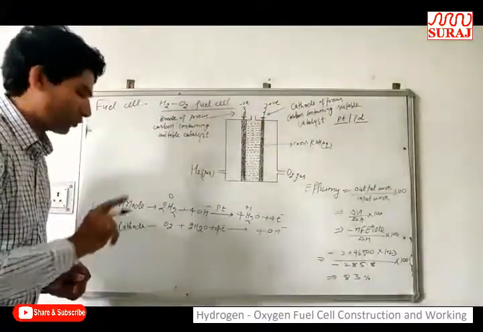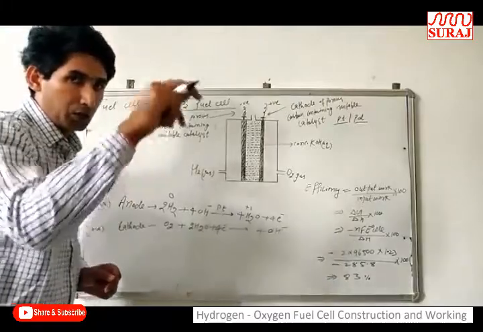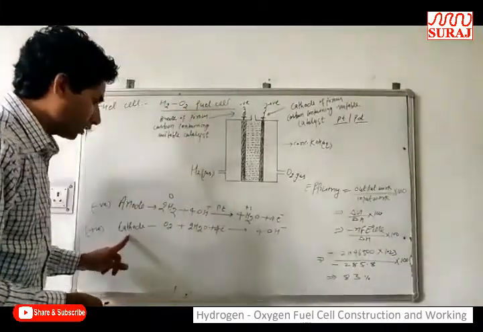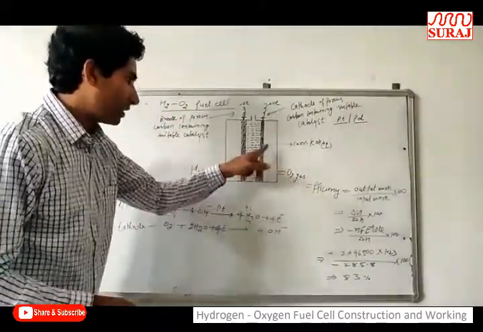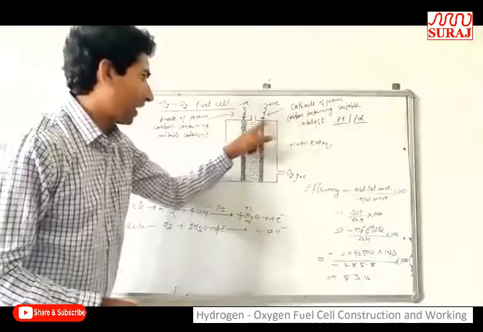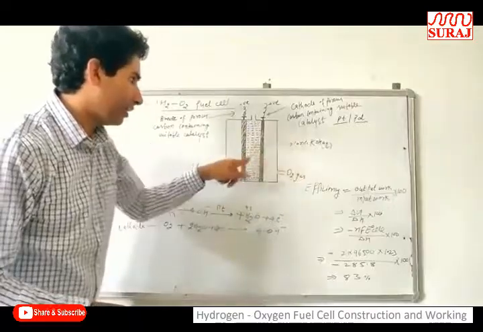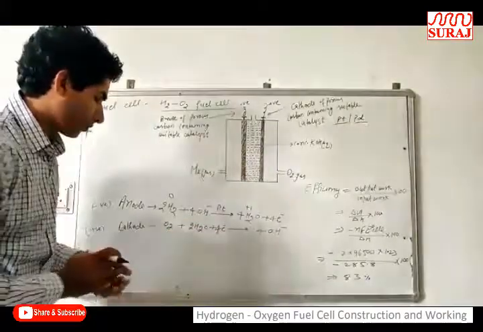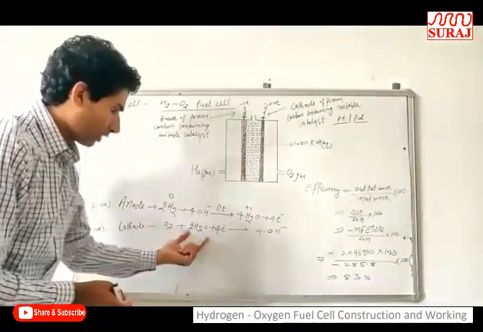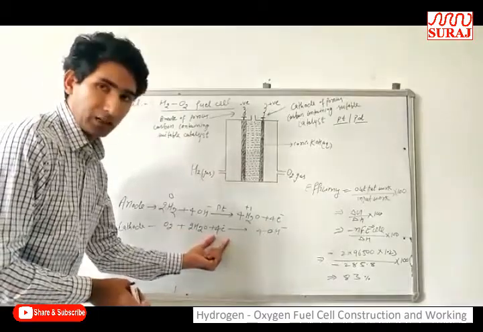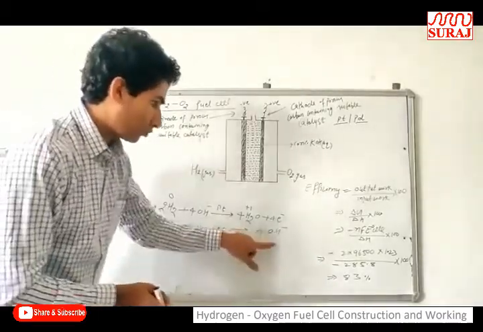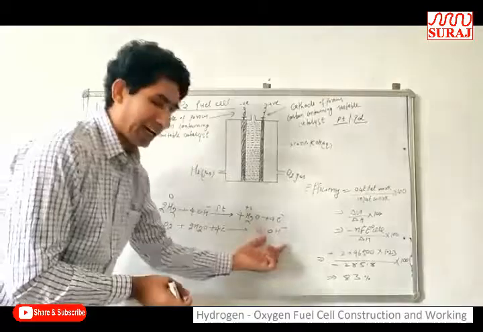Now the electrons move from the negative terminal to the positive terminal. Spontaneous flow of electrons is from negative terminal to positive terminal. In the cathode side we have oxygen gas plus platinum as a catalyst plus aqueous concentrated KOH solution. O2 plus 2H2O plus 4 electrons changes into 4 OH⁻ ions, 4 hydroxide ions.